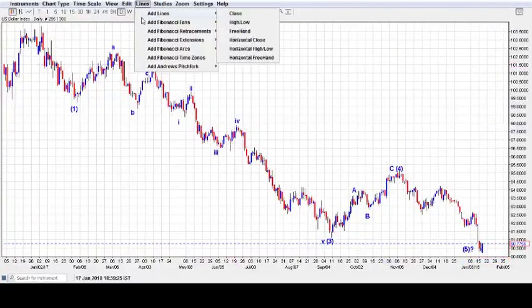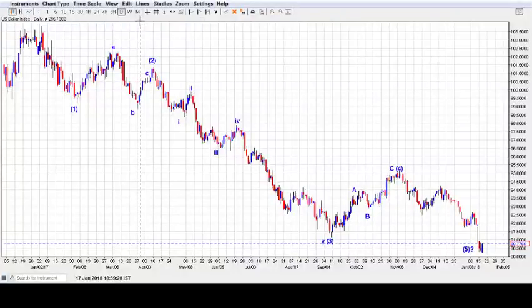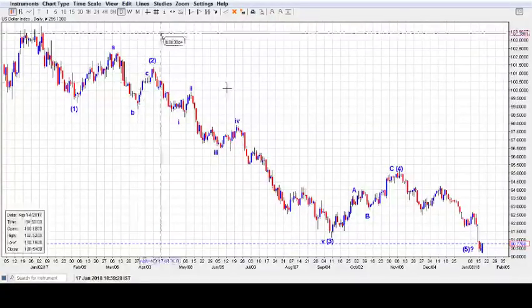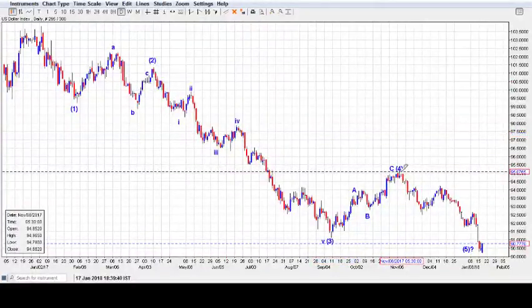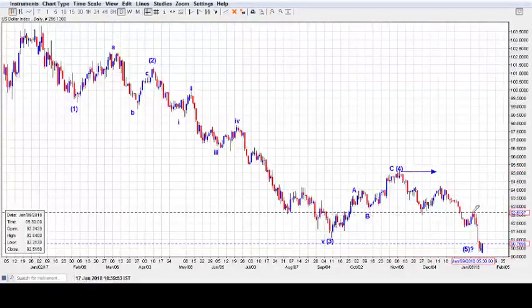If this wave count that we have done on the daily chart holds true, then 95.07 is where bulls are supposedly going to target. All right, and the short term resistance or short term target is around 92.60.